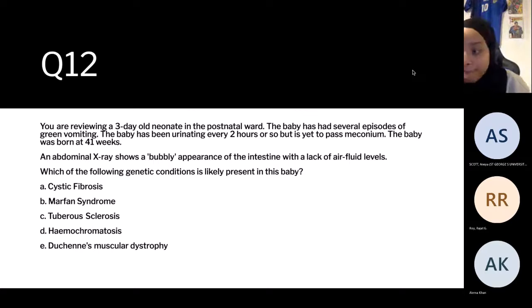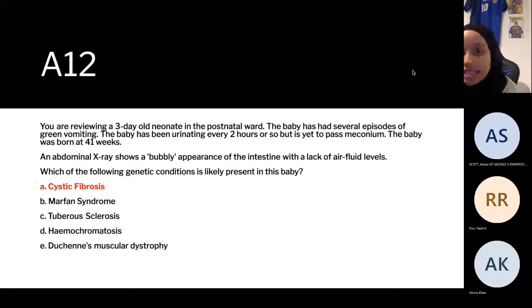So what do we think? Okay, we've got our responses. We've got between cystic fibrosis and tuberous sclerosis. It's most commonly seen in cystic fibrosis. One of the most common things with infants born with this condition is that they won't pass meconium.